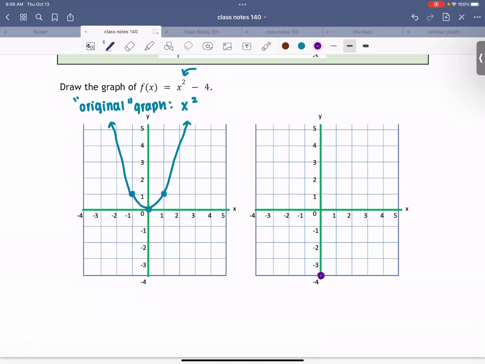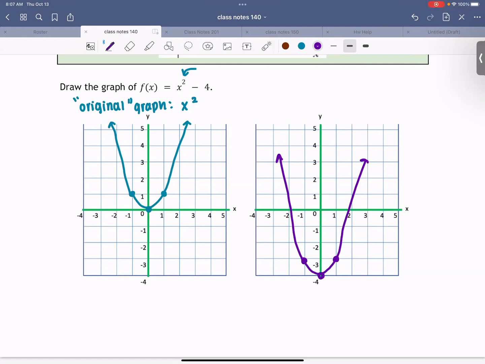That gets shifted down here. And then the same thing goes with 1, 1. I'm going to shift that one down 1, 2, 3, 4, and that point becomes here. Okay. Once I have my 3 points, I can connect them in the same shape. And it looks like we have another parabola that is very badly drawn, but looks about like this.